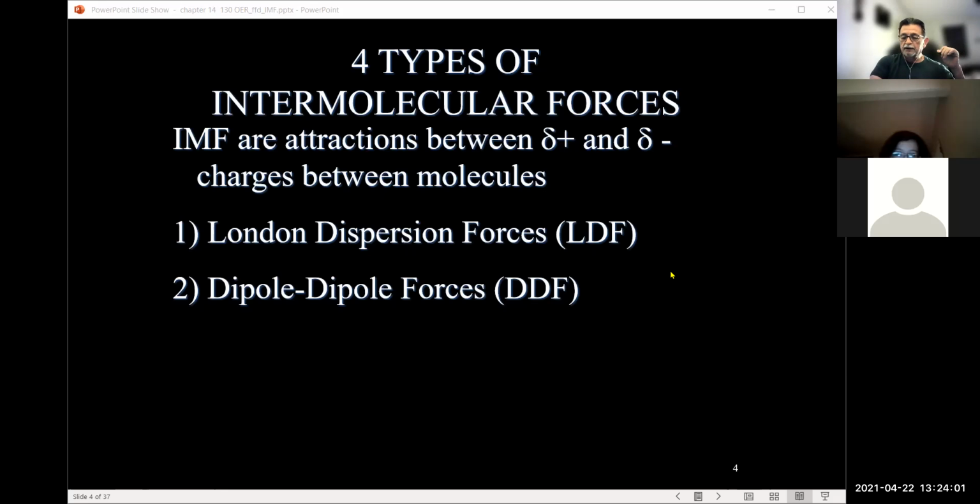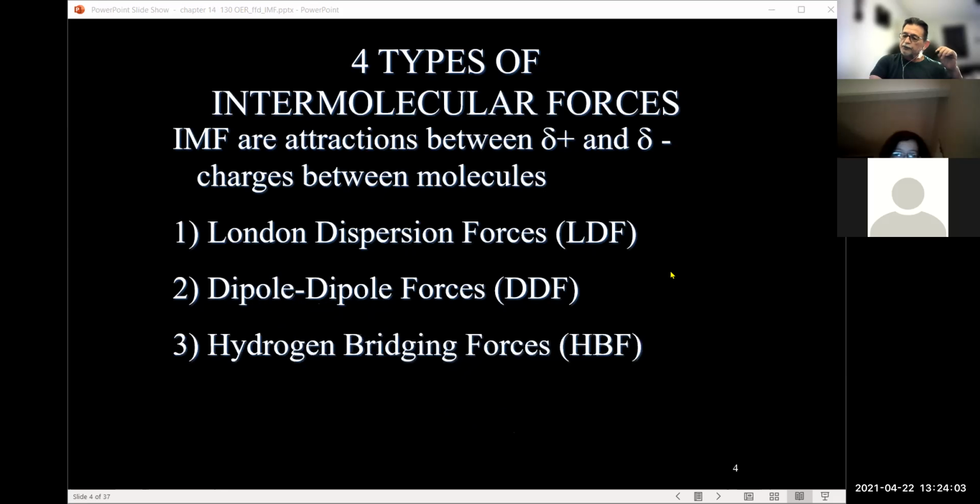That's the second type. Then we have a very special type of polar bond, and we call that hydrogen bridging force. And it's special because it only occurs in certain cases, when hydrogens are bonded to certain atoms. Yes, it is a dipole-dipole, but because of the nature of those atoms, they have an additional force.